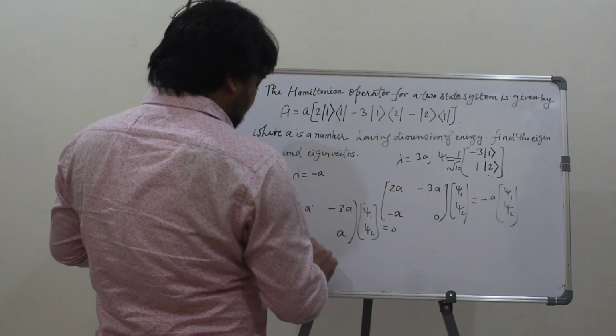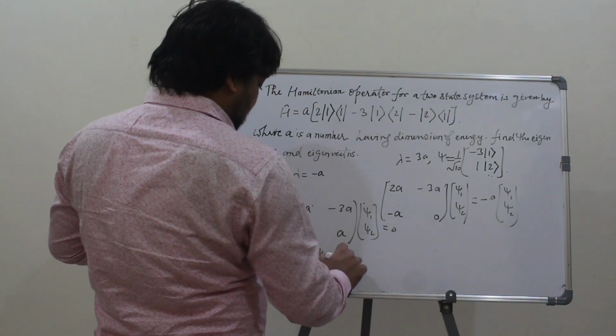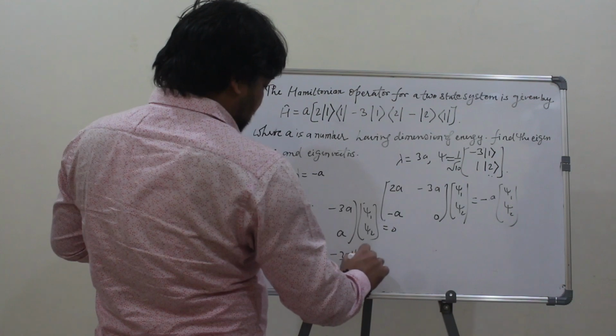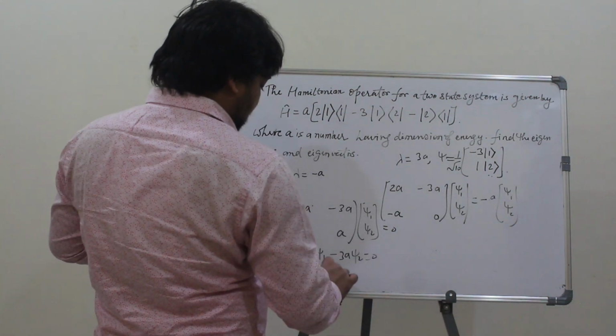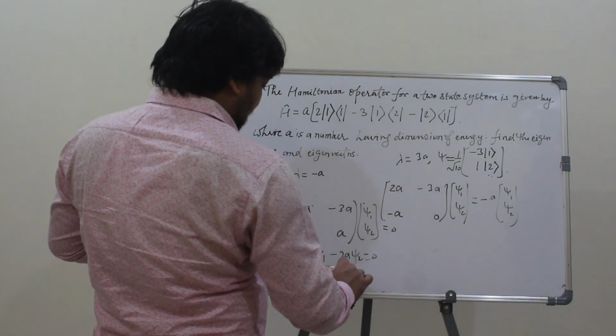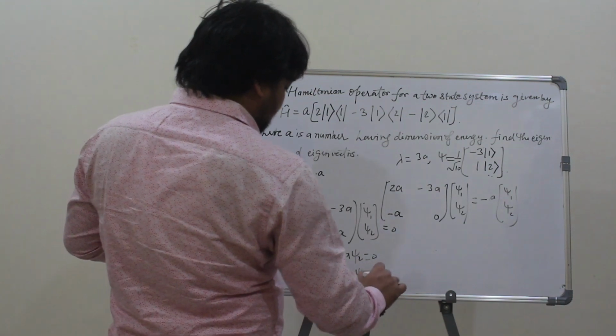So just multiply: 3a psi 1 minus 3a psi 2 is 0, and minus a psi 1 plus a psi 2 is 0.